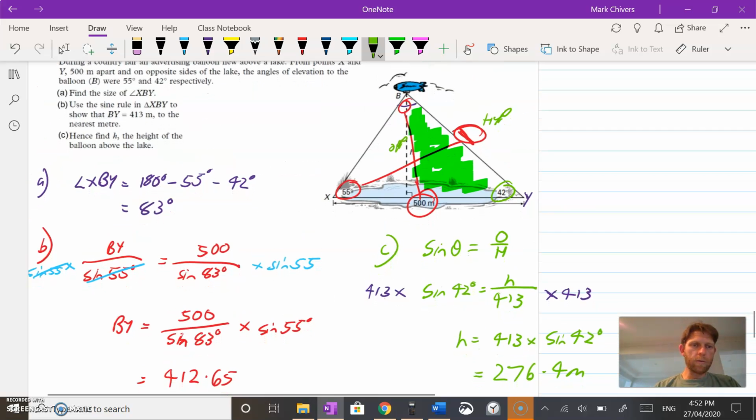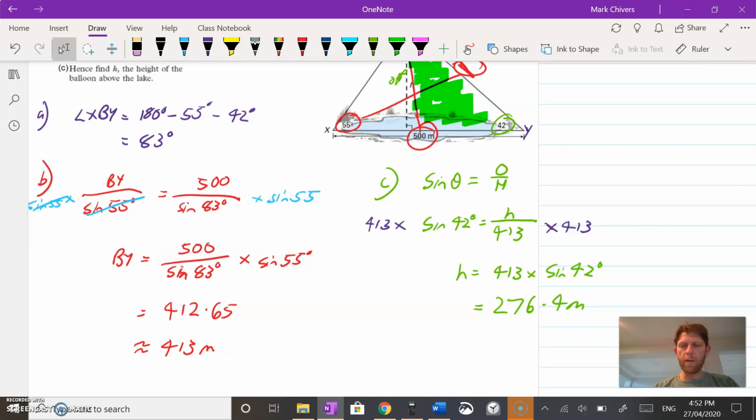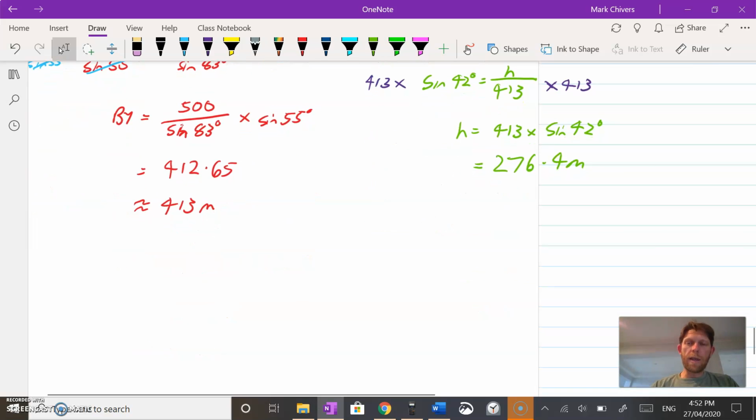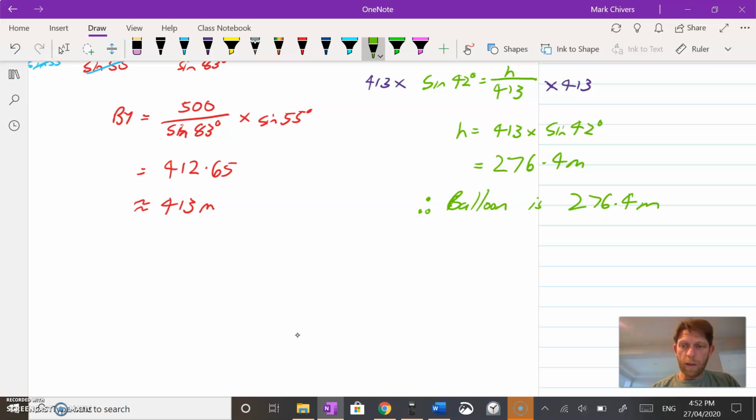It doesn't say how high, so there we go. So it has asked us a question to answer, so we can say therefore the balloon is 276.4 meters above the lake.